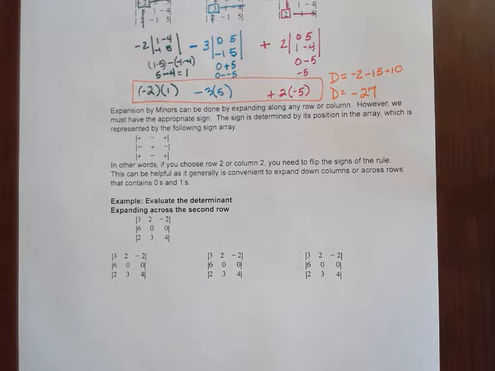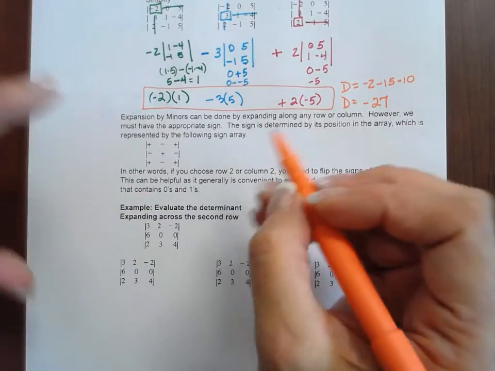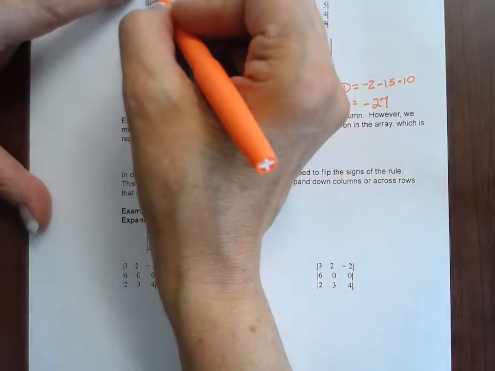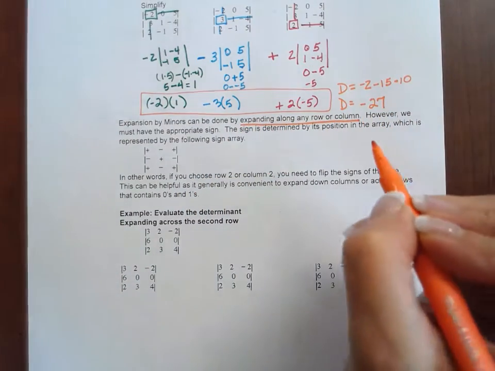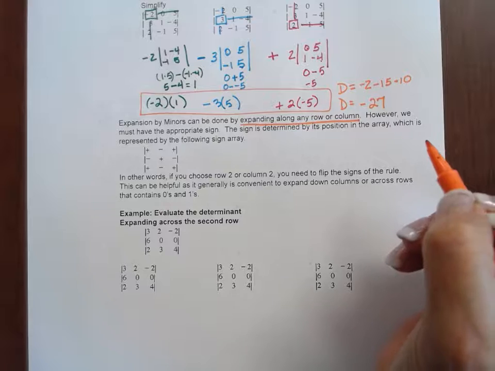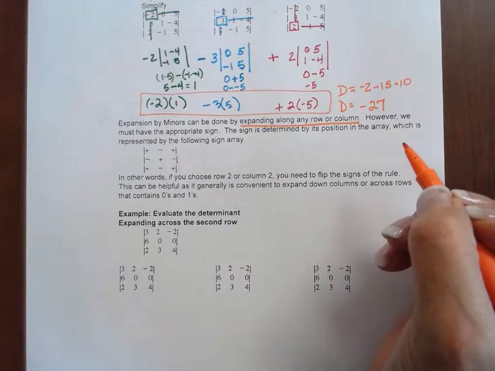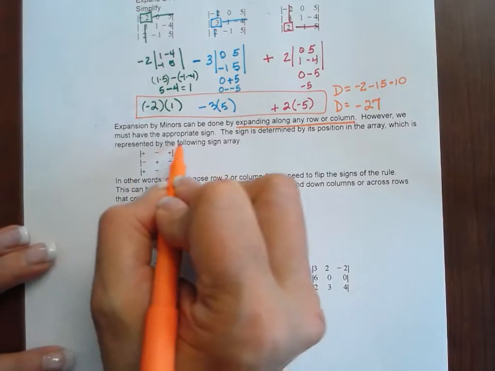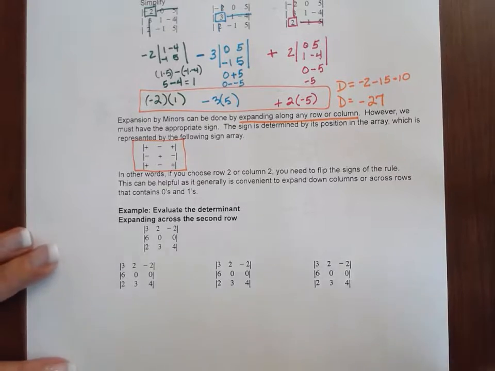Okay, now to get back to Sarah's comment about I don't understand the plus thing. This is called expansion by the minors, okay? We did the very first column, except you can expand along any row or column. The only difference is if you pick a different row or column, you have to use that sign for the positions.